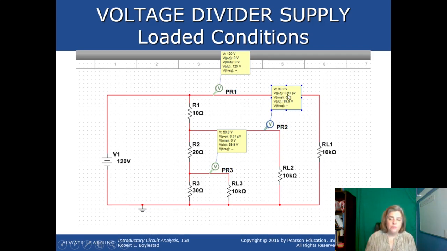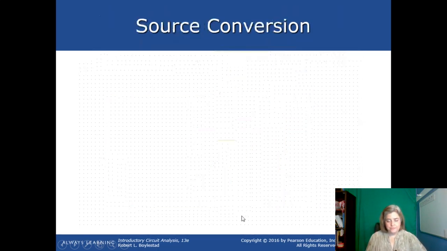We're at 99.9 volts here, which is very close to the 100 that we had before, and we're at 59.9 volts here, so we're very close to that 60 volts that we wanted to see before. So again, just wanted to make you aware that if the load of your voltage divider is not much greater in terms of resistance than your divider resistors, you're going to see a different voltage from what you're looking for. So keep that in mind.